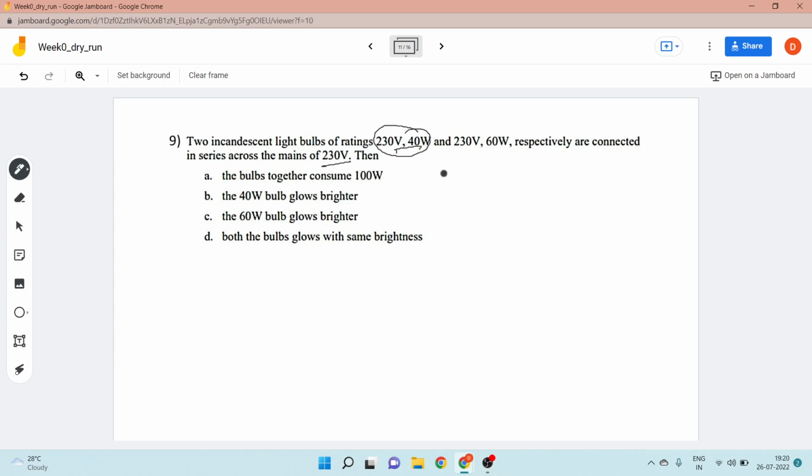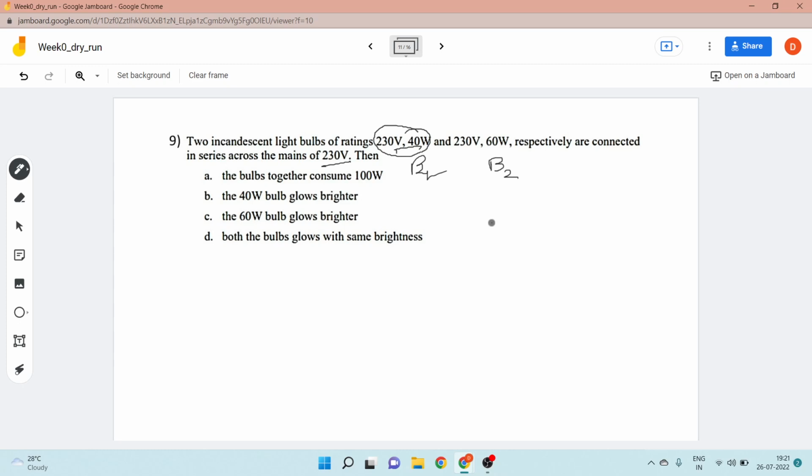Anyway, if we are to look into these two individual bulbs, let's call this bulb 1 and this bulb 2. For the 40 watt bulb, the resistance will be much higher than that of the 60 watt bulb, right?